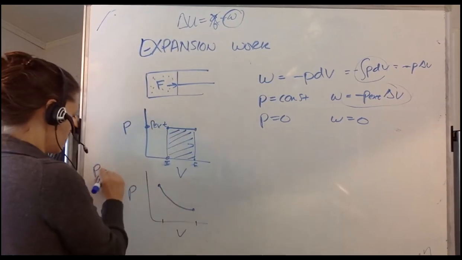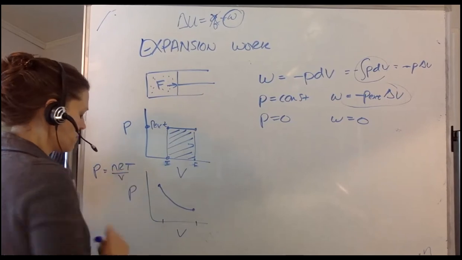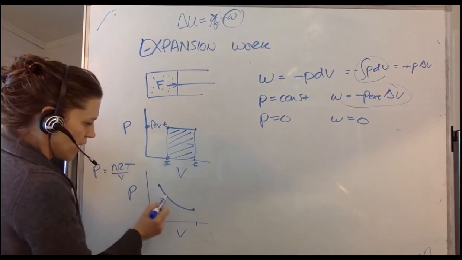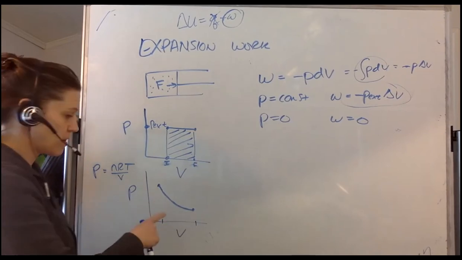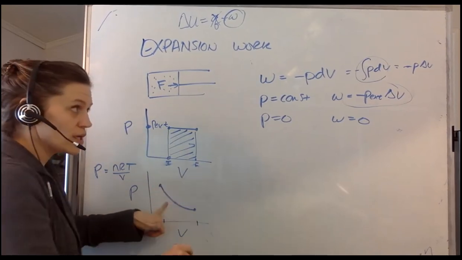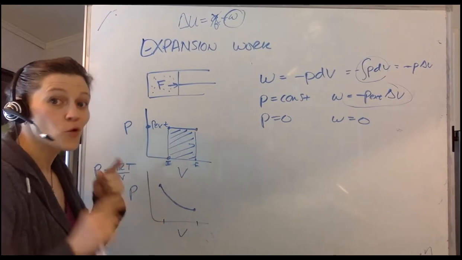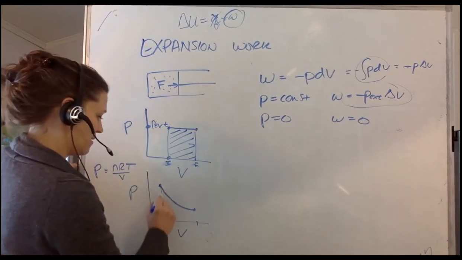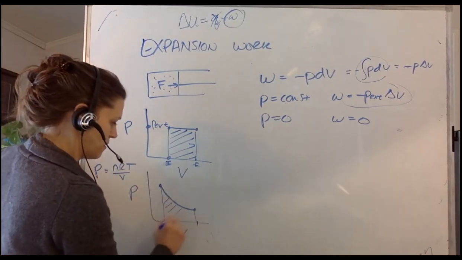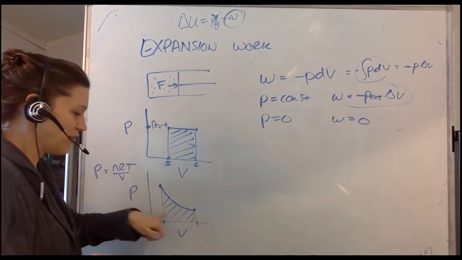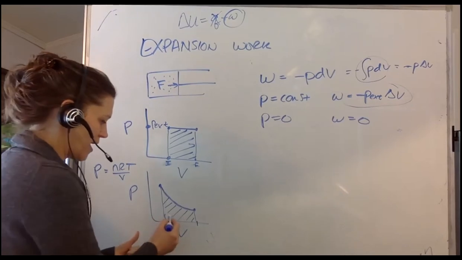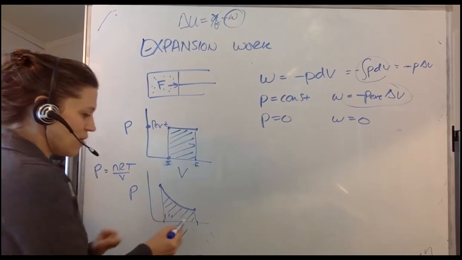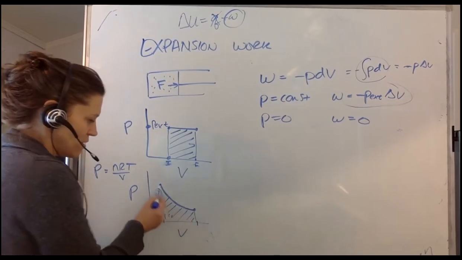So P is equal to nRT over V. So for an ideal gas, this is the path that the pressure is going to follow. All right. If I want to get the area under the curve, which is the work, this is the shape of the amount of work that I can get if I know the function that my gas follows.